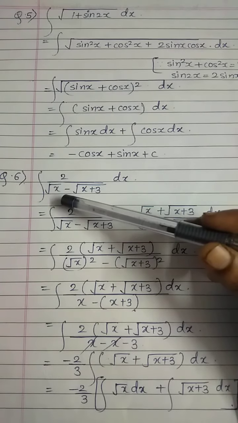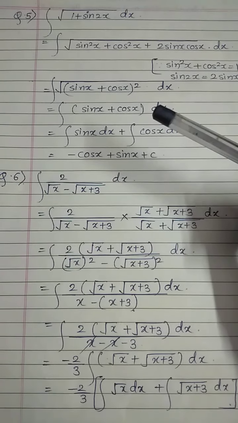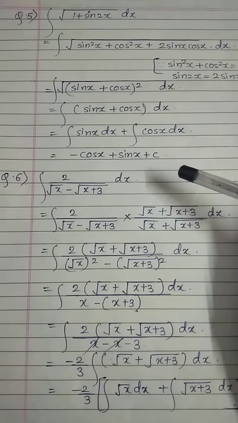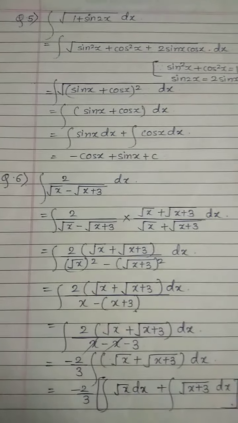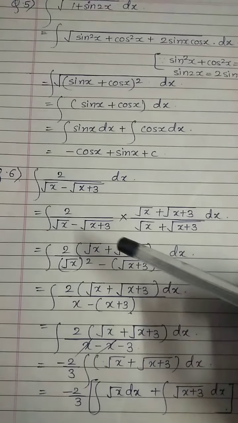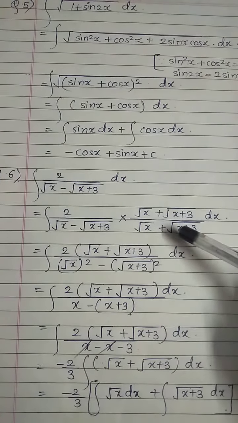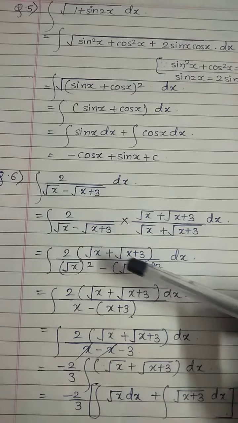So conjugate of denominator will be root x plus 3. So multiply and divide by that term, in denominator we have the terms in the form of a minus b, a plus b. So in denominator we will get a square minus b square.